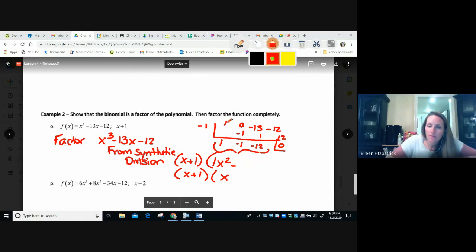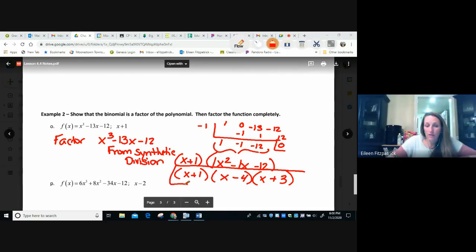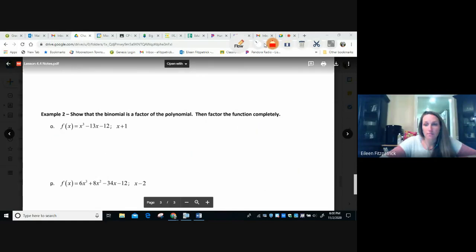Let's try this again. It's x squared minus 1x minus 12. So I'm going to have a 4, a negative 4, and a positive 3. So the question is, is x plus 1 a factor of the function given? It is, because when I factor out that polynomial, you're left with x plus 1 as one of the factors.